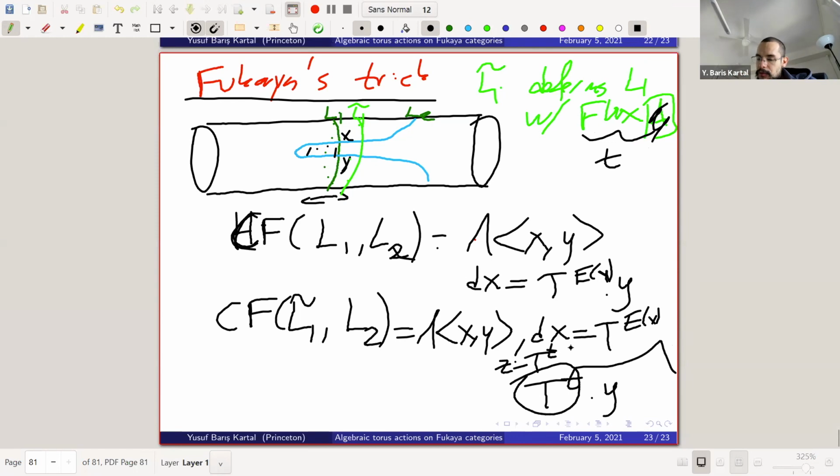So for small deformations of a Lagrangian, you can get the Floer homology of the other closed Lagrangian by just deforming the weights in the Floer differential. And this deformation is going to be by T to the T, where T is a flux parameter. I don't know if that answers. I don't know if that was explanatory.